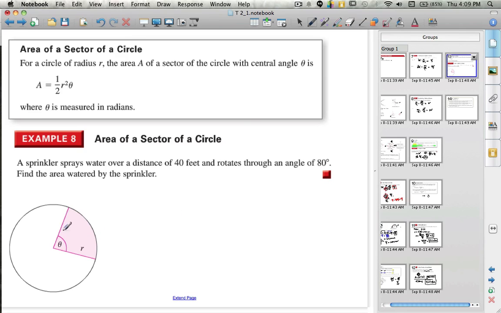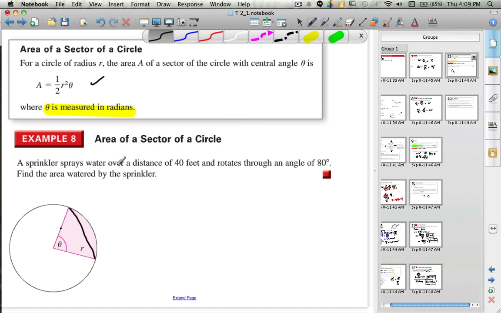Now we also might want to find the area of a sector. So when you create an angle, it defines a pie-wedged area of a circle. It's similar to a triangle, but it's got this belly that sticks out. This would be the triangle, but it's got this extra, which makes it a little difficult to calculate the area. But we have a formula. It's 1/2 times the radius squared times theta, but theta has to be measured in radians again.